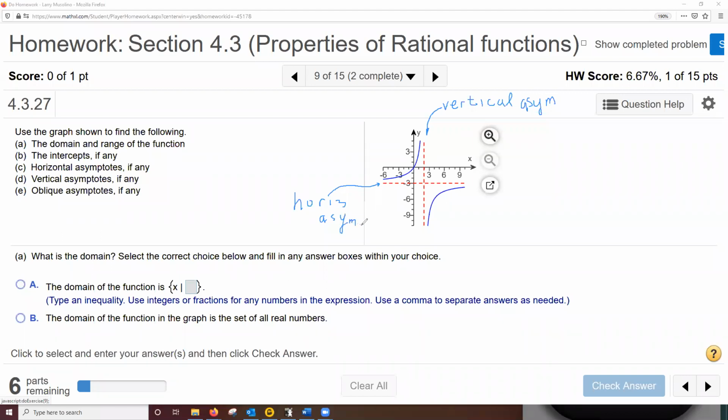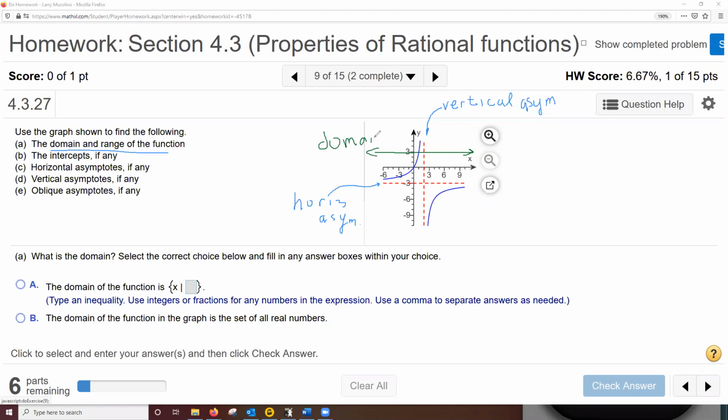All right, let's take a look at this problem. First, it says, what's the domain and range? To answer the domain, remember, that's the allowed x values. So I'm going to look horizontally, because looking horizontally at this graph tells me information about the domain.